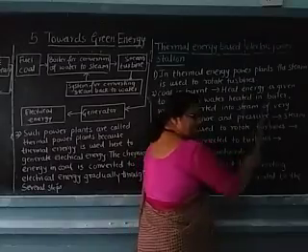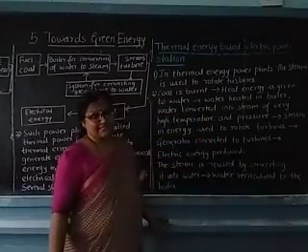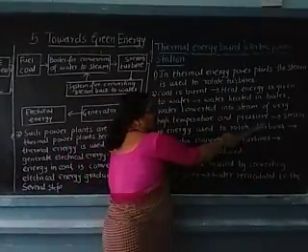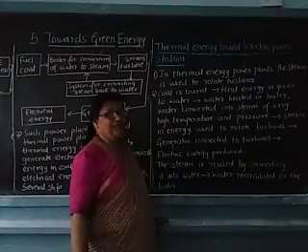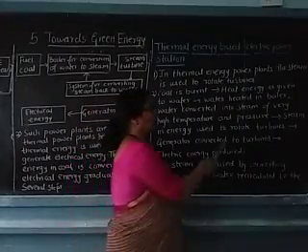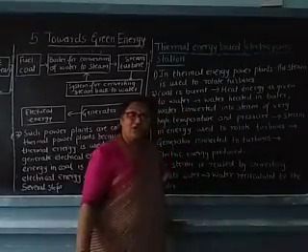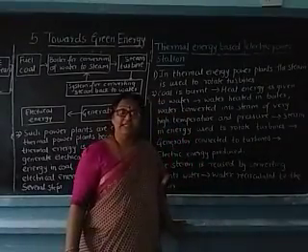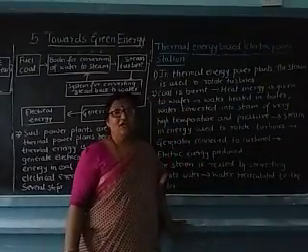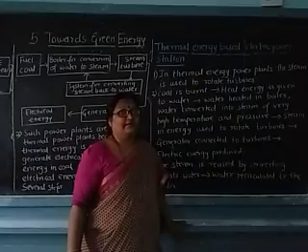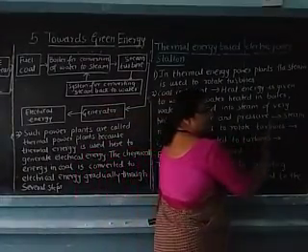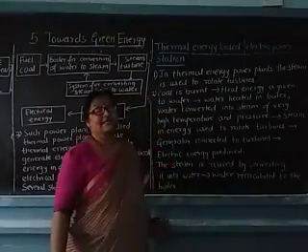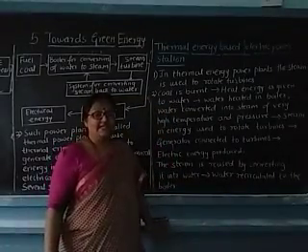Now there is a creation of steam. This steam is one of the forms of energy which is used to rotate the turbines. I have told you that we need a flow of liquid or gas to rotate the turbines. Now in this plant we get the steam because the water is heated.